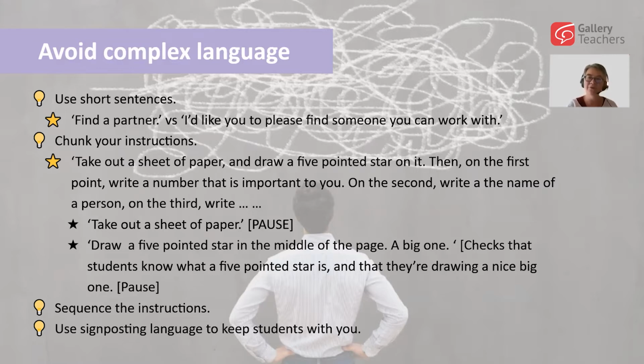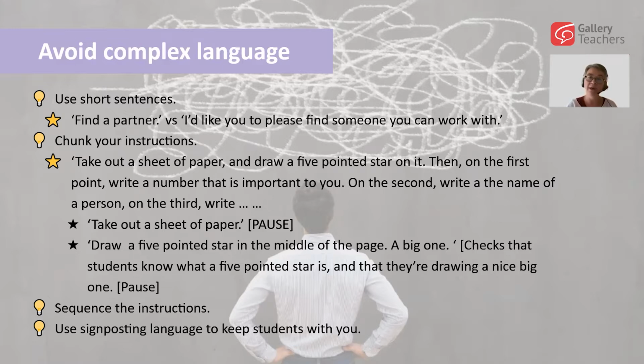Notice also how the teacher doesn't pause between the two stages, the taking out a sheet of paper and drawing a 5-pointed star. The teacher just goes straight into the instructions. Take out a sheet of paper and draw a 5-pointed star, then on the first point. Okay?